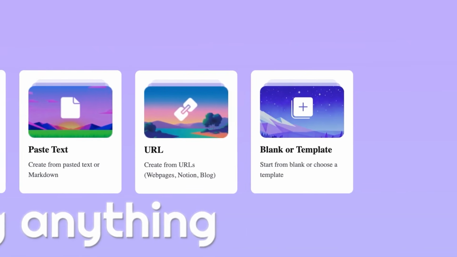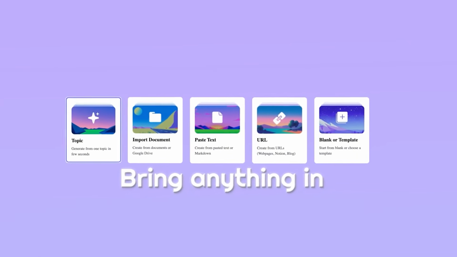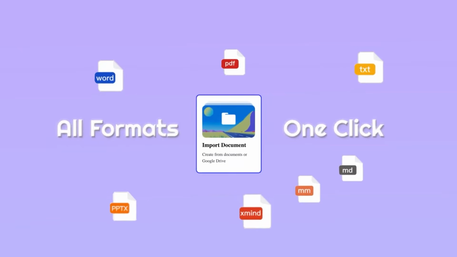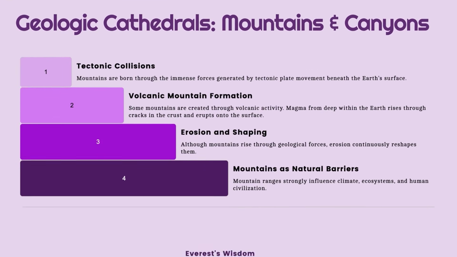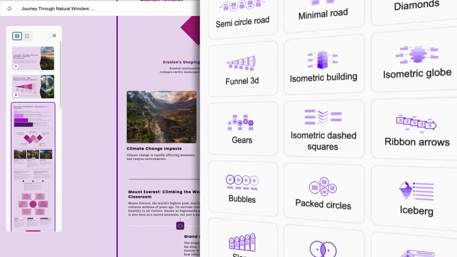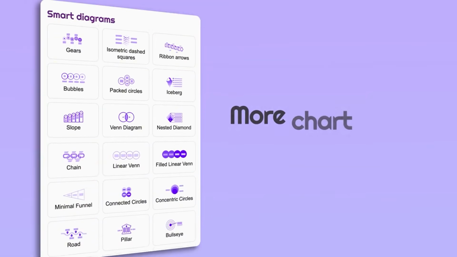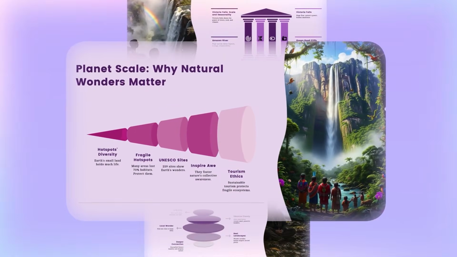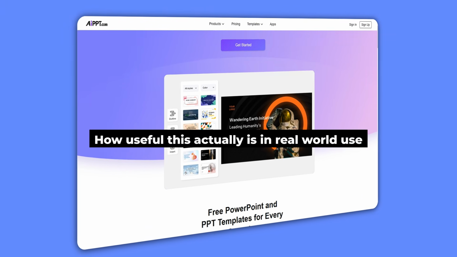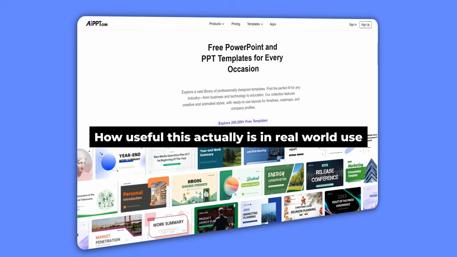Instead of normal slide-by-slide presentations, AIPPT.com creates a seamless scrolling presentation experience that feels much more modern for storytelling, reports, educational content, and research presentations. So today, I want to properly test the workflow and see how useful this actually is in real-world use.